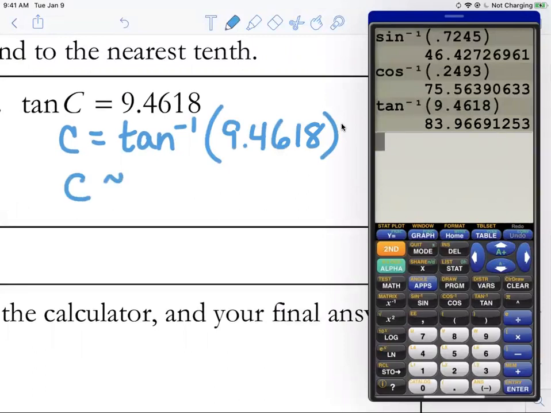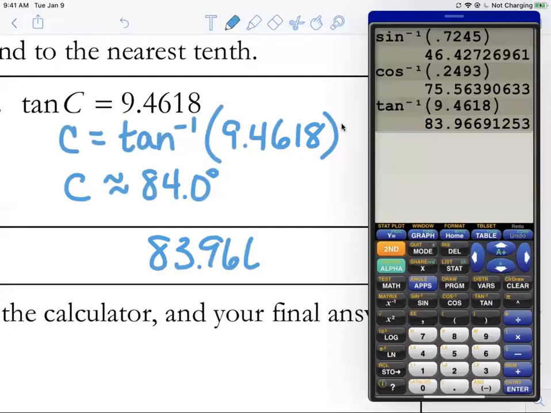C is going to be approximately 84.0 because it's 83.9669. I'm looking for the tenth, which means I'm looking at the hundredth position to decide if I round up or round down. Since it's above 5, I'm going to round it up, and that takes the 0.96 and bumps it up to 4.0. So angle measure C is 84.0 degrees.